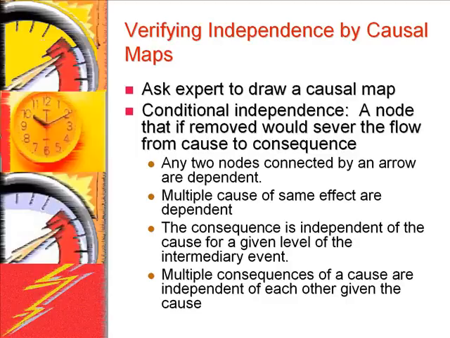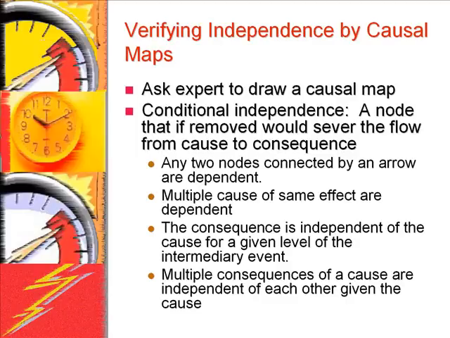It is not possible to start from a node and follow the arcs and return to the same node. An expert is asked to draw a causal network of the events. If the expert can do so, then conditional dependence can be verified by the position of the nodes in the arcs. Several rules can be used to identify conditional dependencies in a causal network.